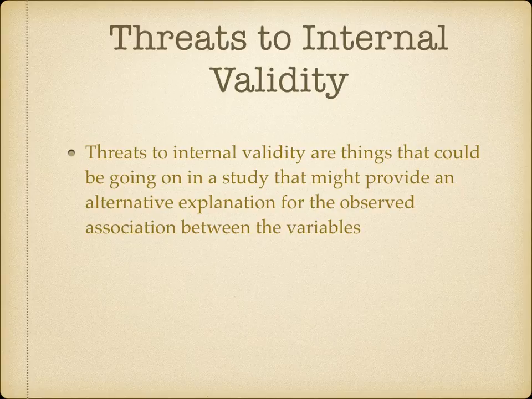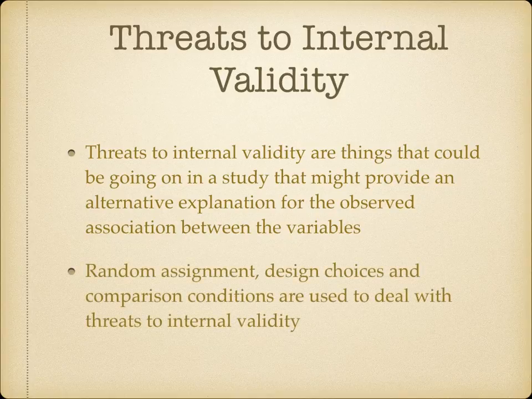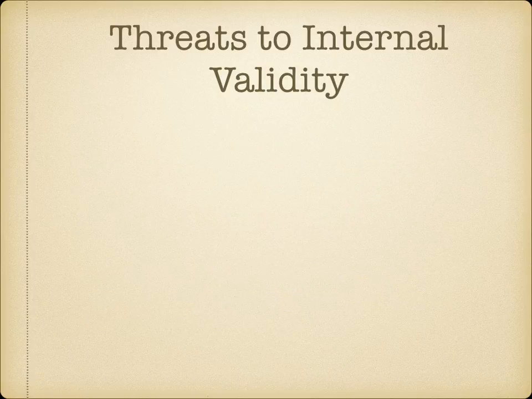If you don't see something going on, there's no difference to try to explain, there's no association that you're trying to explain, then these issues really don't matter. You've got other problems you have to deal with. Random assignment, design choices and comparison conditions are used to deal with the various threats that we know exist for internal validity. These have all been derived from years and years of logical analysis of experimental methodologies.